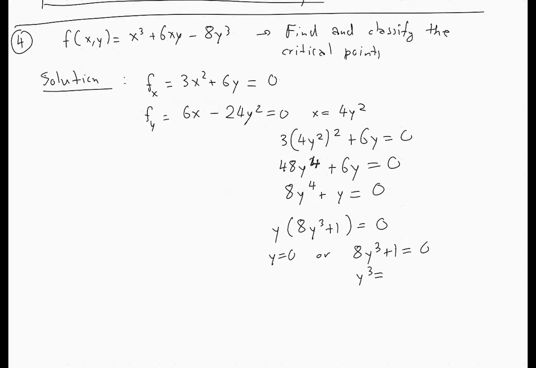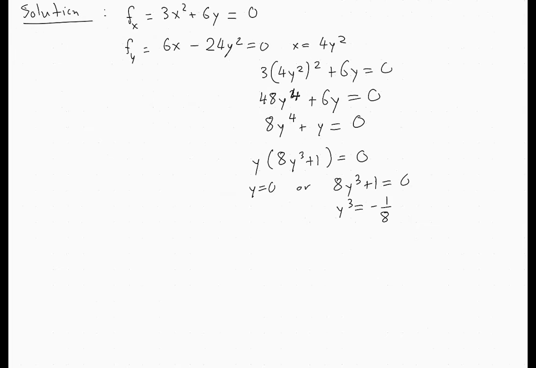If you have a negative number, there is precisely one real number which is its third root, which is precisely minus the cubed root of 1 over 8, which is minus 1/2. Okay, so either y equals 0 or y equals negative 1/2.